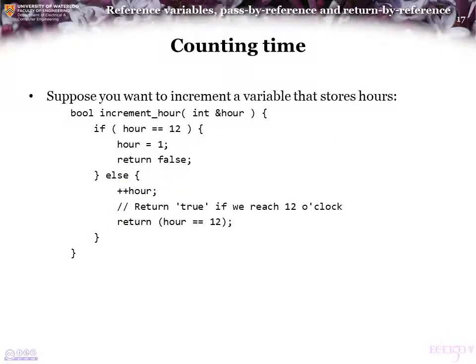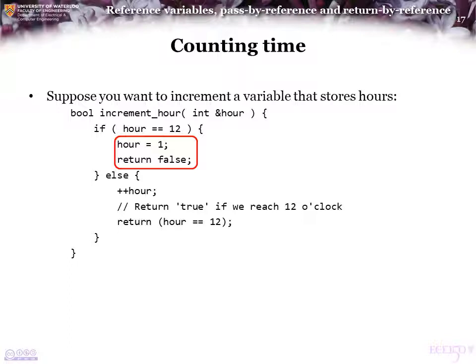Now, suppose we want to write a function that updates a local variable that is storing hours. So if we want to increment the hour, then if the hour currently has the value 12, we will set the local variable that was passed by reference to 1, and we will return false because we haven't entered a new period.